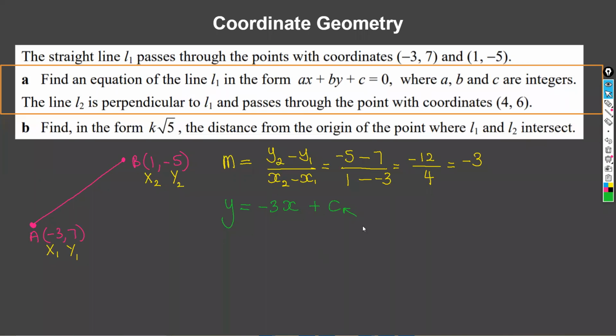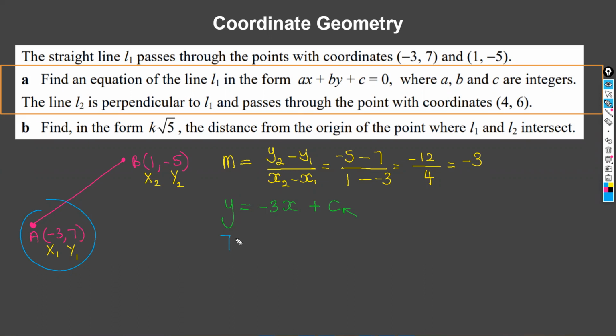A lot of people are getting different answers for C. We can choose any point to find C once it's on the line. So I'm just going to choose A. If you choose B, you're going to get the same answer for C. It's like magic. So according to point A, y is 7.